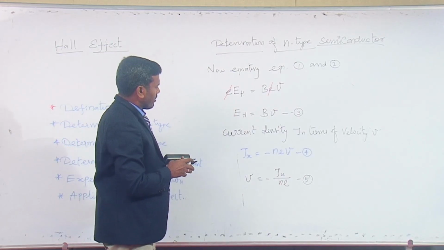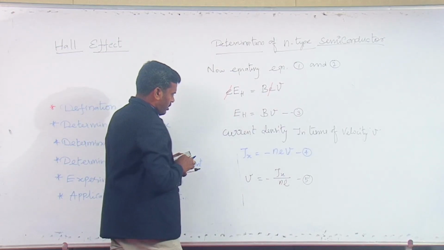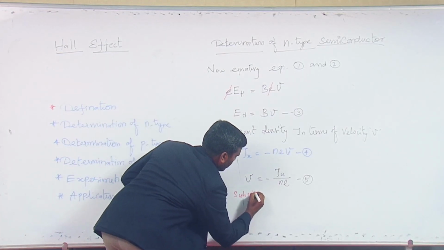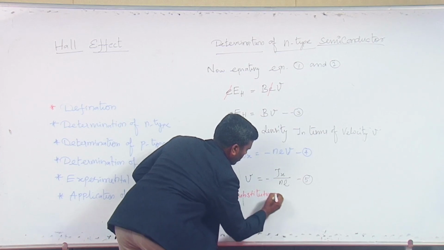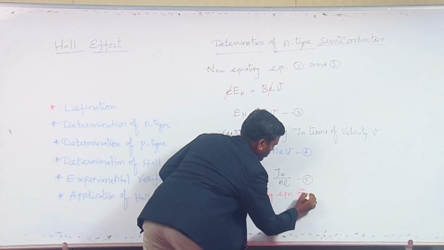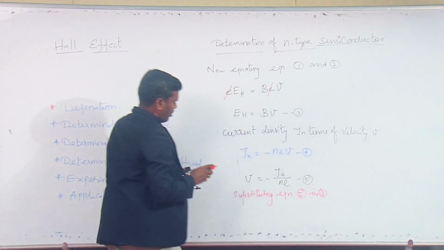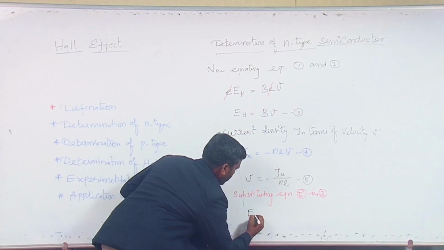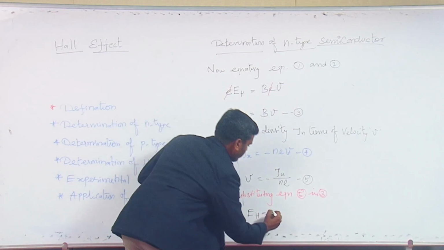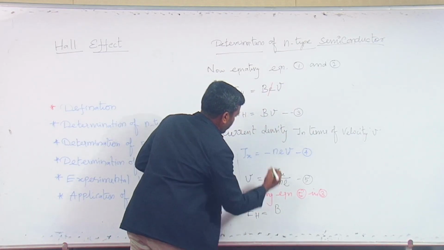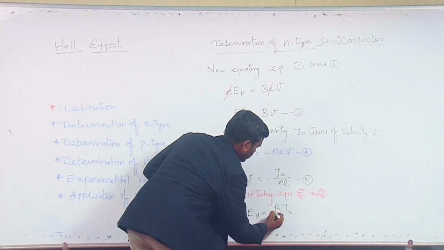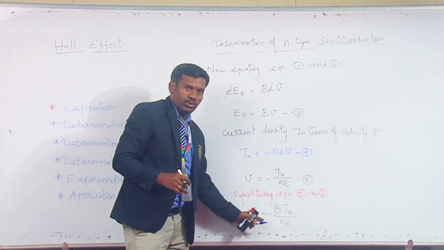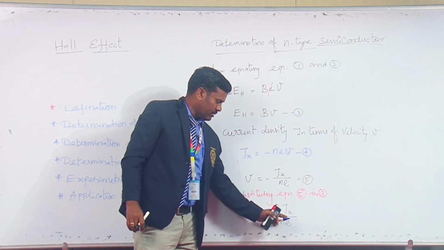Now substituting equation 5 in 3, you will get the value of the Hall field, that is EH is equal to Bv, which is equal to minus B Jx by ne.